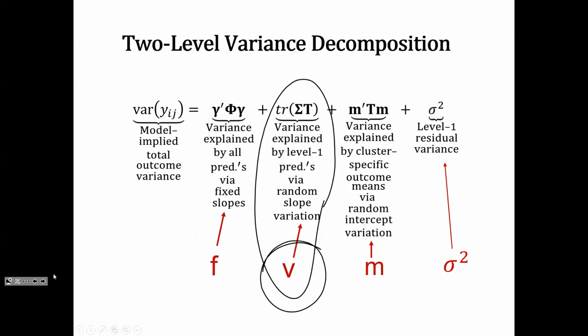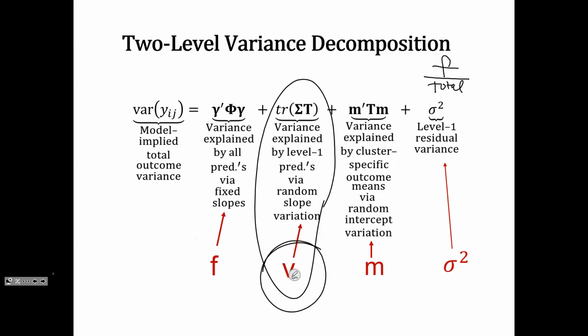So that's cool, right? I can actually figure out what each of these pieces are. And then I can take any one of these pieces and divide it by the total to get the proportion of, this really is an R squared now. Although again, I'm using model implied total outcome variance, I could take F and divide it by my total.